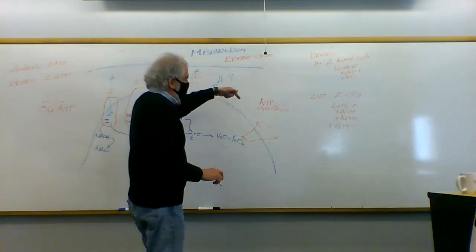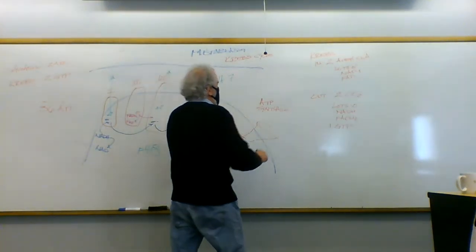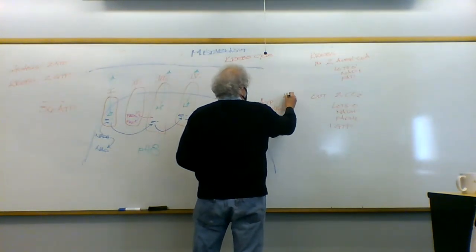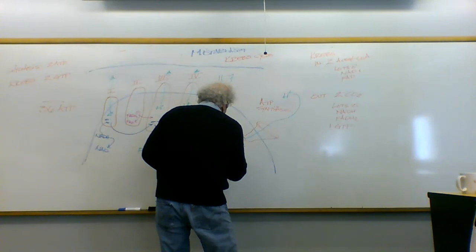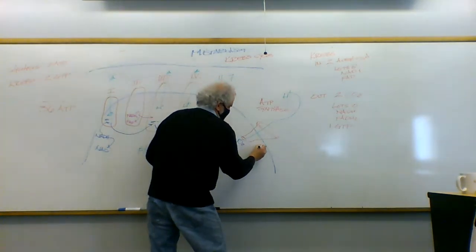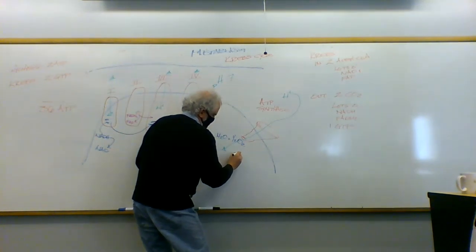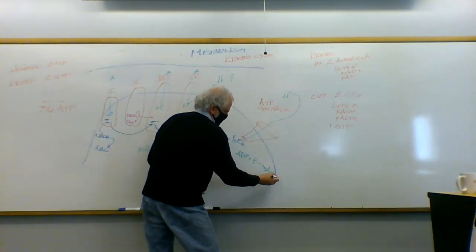So the only place that hydrogen ions can get back through is through ATP synthase. The hydrogen ions take their turn, they zoom back in, and this is what drives the rephosphorylation. ADP plus the inorganic phosphate generates ATP.